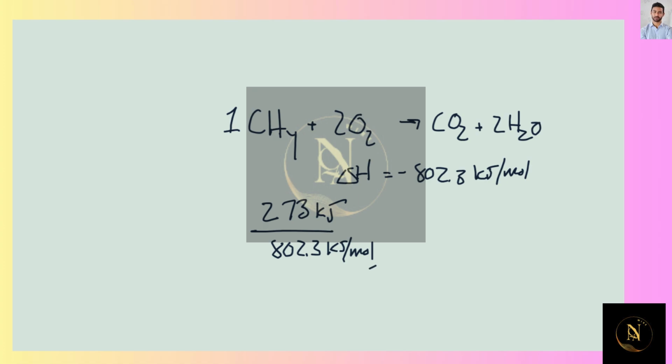There's a 1-to-1 correspondence here between the moles of reactions and our 1 mole of methane. If we were talking about O2, we would have to include this factor of 2, but not in this case. Okay, so what is 273 divided by 802.3?